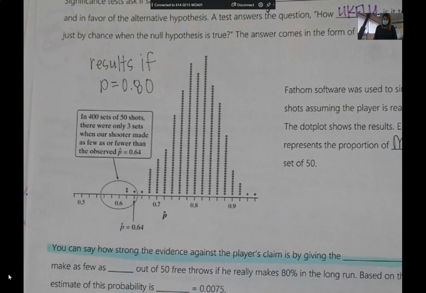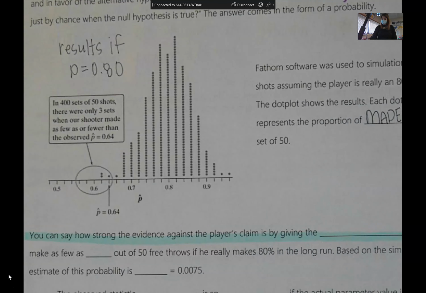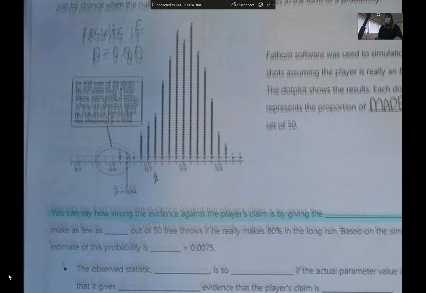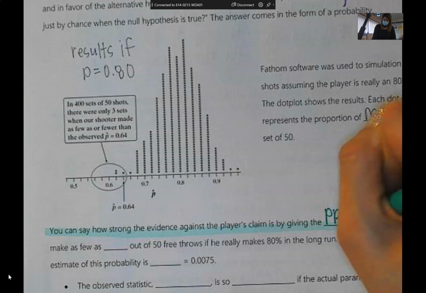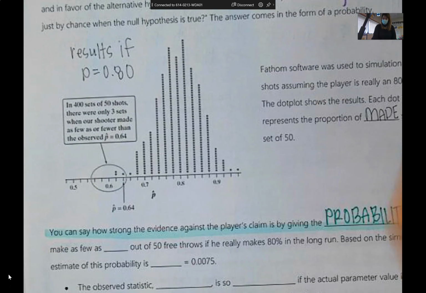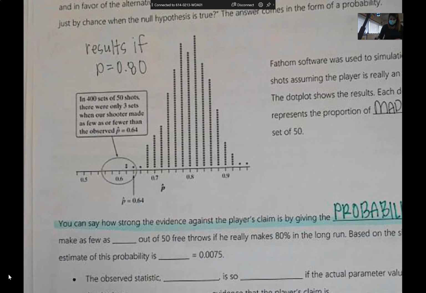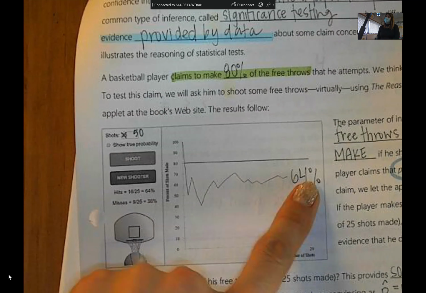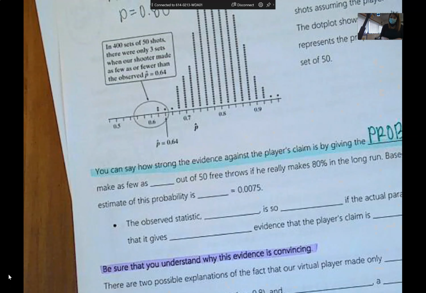You can say how strong the evidence against the player's claim is by giving the probability of your sample. So what was our sample? Well, on our picture, I had us write that he evens out around 64%. And that's what they have highlighted on the graph.